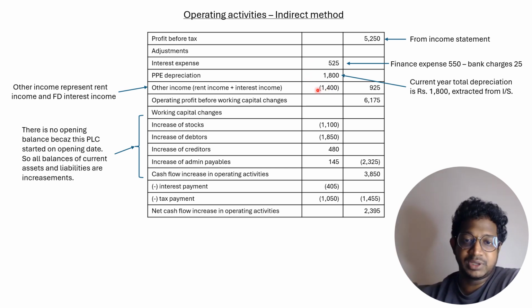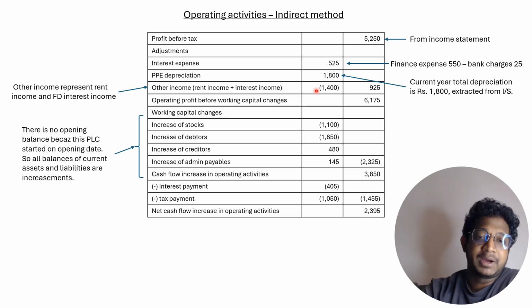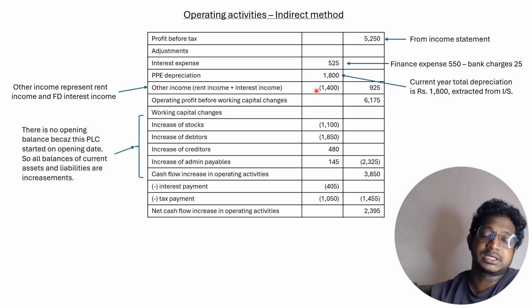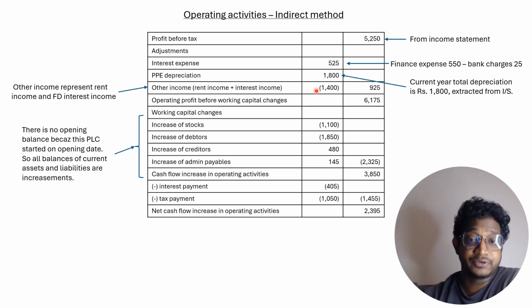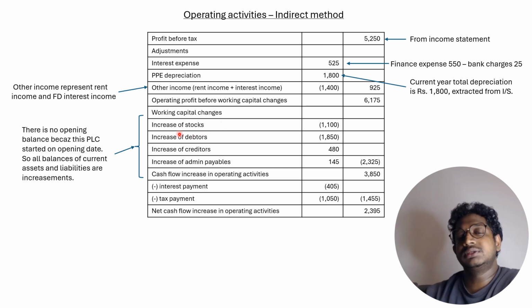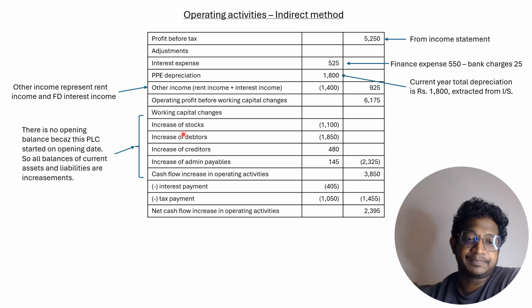So when you are doing these adjustments, you adjust the amounts that you actually recorded in your income statement, and when you record in the other, relevant places, you record the cash flows. That's the difference here. And working capital changes: all assets and liabilities increased because there are no opening balances, which means the closing balance is the increase of current assets and current liabilities.